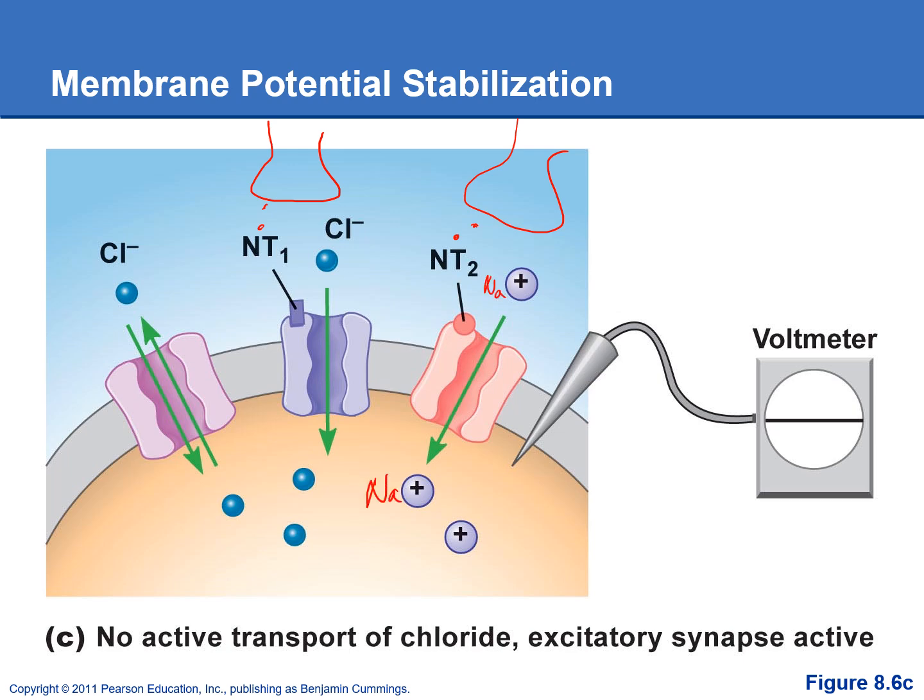Okay. And this one's letting the chloride ions in. And so the chloride and the sodium ions would cancel each other out. And so you can see your membrane potential would stay right at minus 70 millivolts. And that would also be considered an IPSP because you're not getting up towards threshold, you're just staying at minus 70 millivolts. So that would be inhibitory as well because they're canceling each other out.